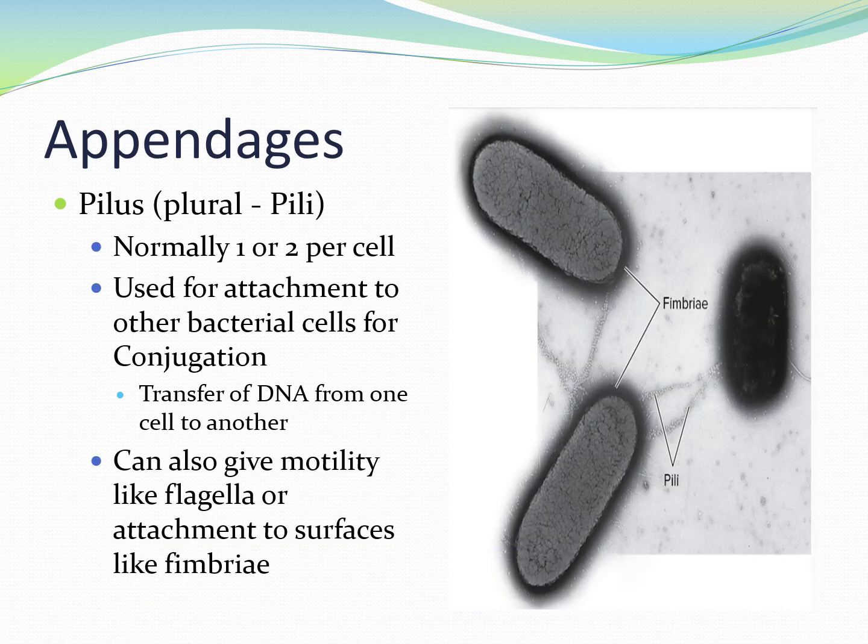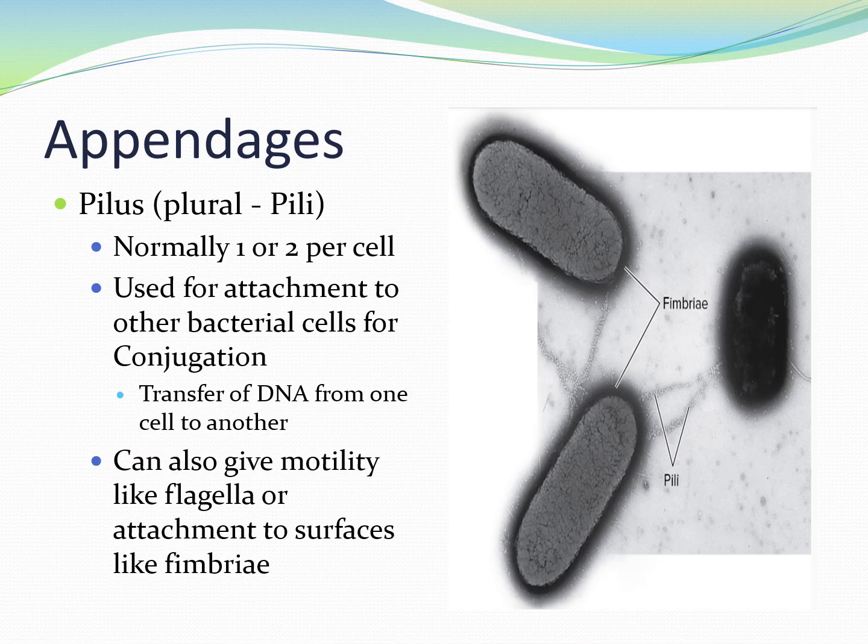The next external appendage is going to be a pilus or pili, however you want to say it. These guys are important because they're going to allow the cells to transfer DNA from one cell to another. An important thing to note is that prokaryotic cells are going to be asexual, meaning they create a copy or clone of themselves during reproduction.